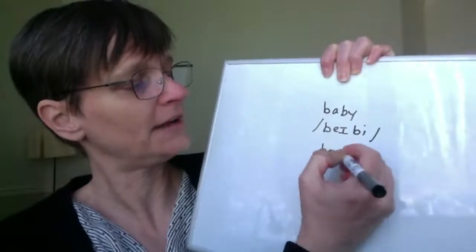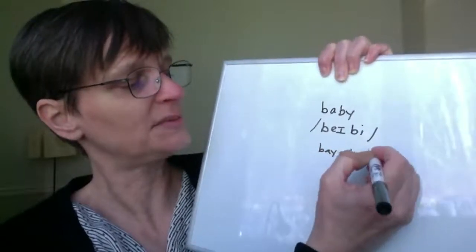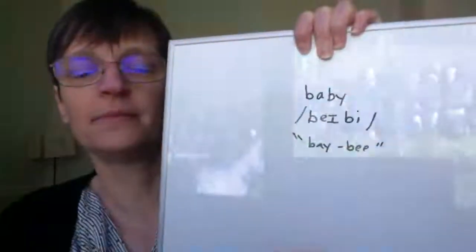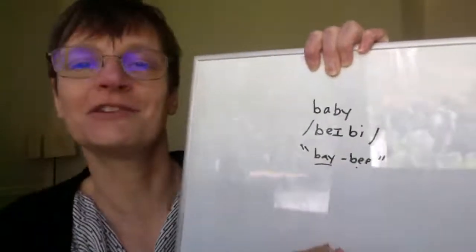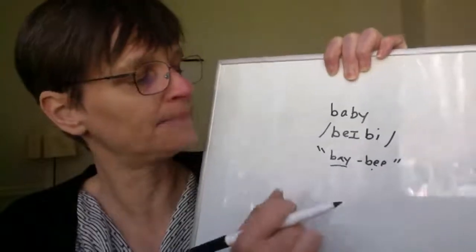So if I was going to write it with kind of more traditional spelling, it would look like that, baby. And the stress is on the first syllable and the second syllable is short and reduced, baby. Good question, thank you. If you have other questions about how to pronounce words or any of the resources I've shown you so far in today's class, feel free to ask them at any time.